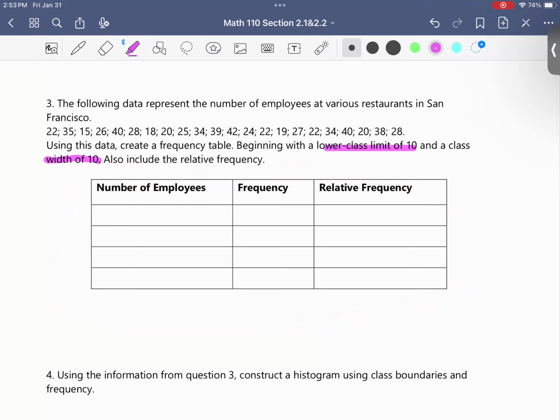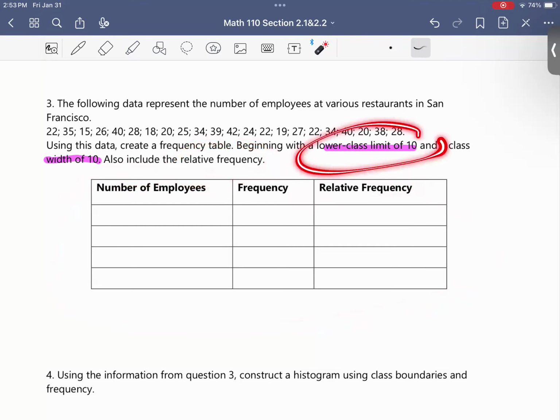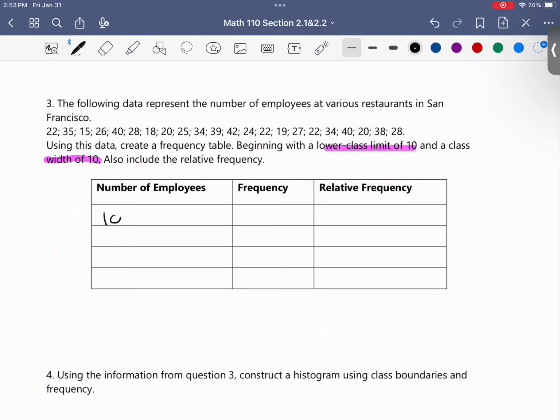It also states to include the relative frequency, which we need to fill out right here. It's saying start with the lower class limit of 10. So on our first row, our first lower limit is going to be 10.